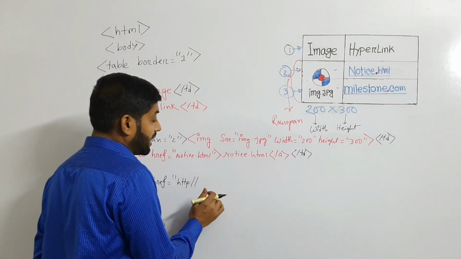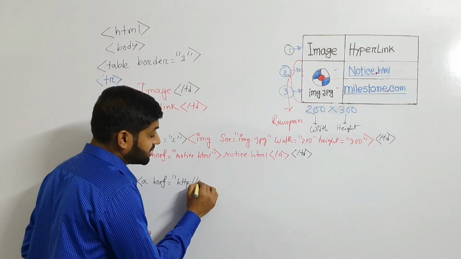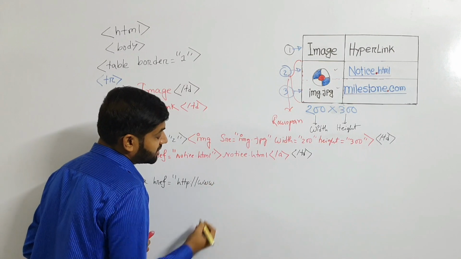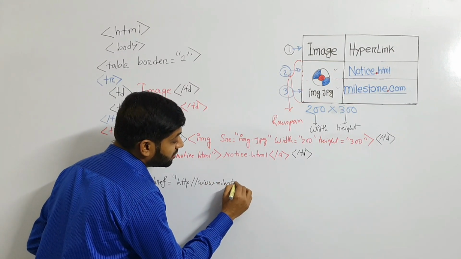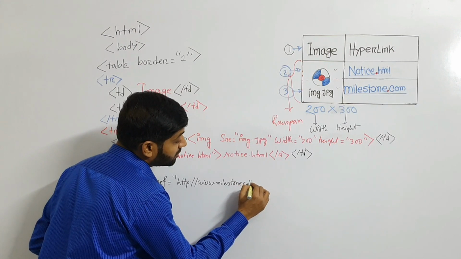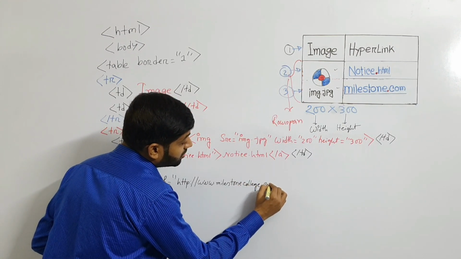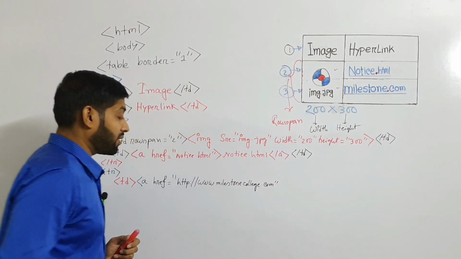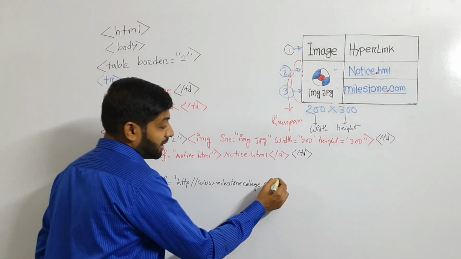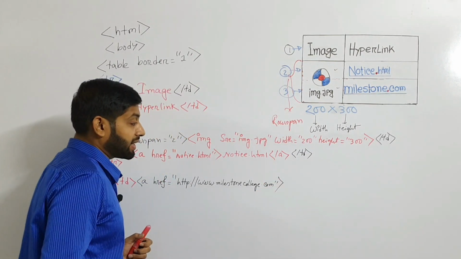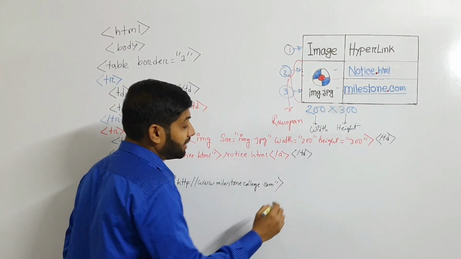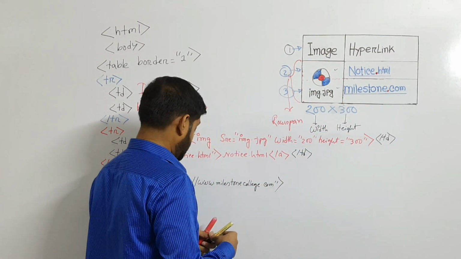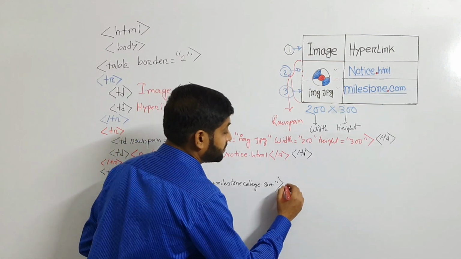Then I have to write down the website address, www.milestonecollege.com, our college address. Then I am just finishing my bracket. Then I write down this link name, milestone.com.